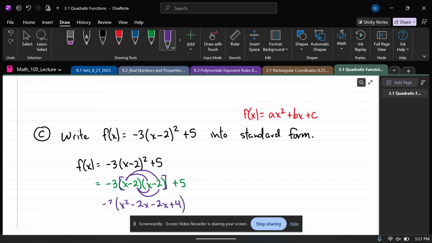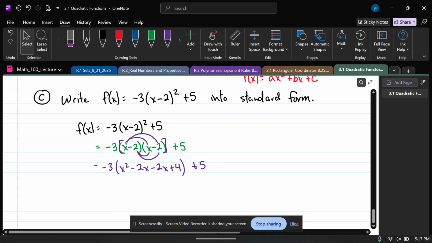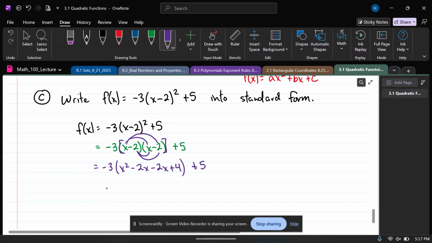And I still have the negative 3, and I still have the plus 5. I haven't done anything with them yet. I'm going to simplify that parenthesis, get x squared minus 4x plus 4. And then I still have the plus 5 out there. So I'm just simplifying. If you wanted to do that more than one step at a time, by all means do that. I'm just writing out every single step here so that we see where things are coming from.